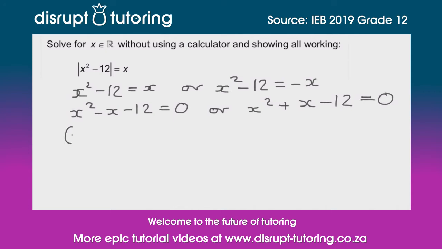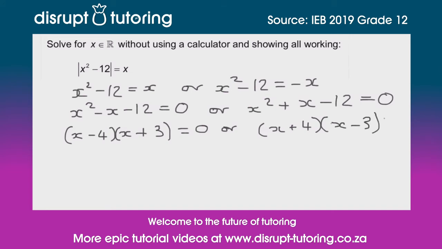We factorize each quadratic into its linear factors, and we get two sets of linear factors, and from these linear factors we can get our values for x, that x is 4, or x is minus 3, or x is minus 4, or x is 3.